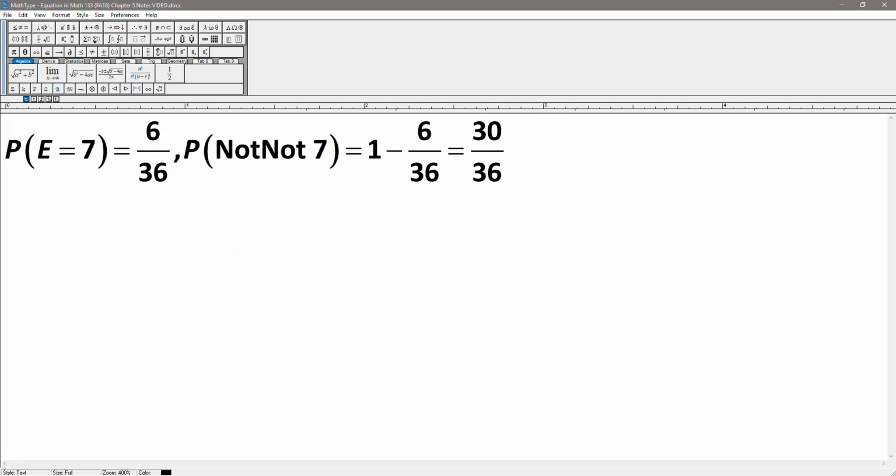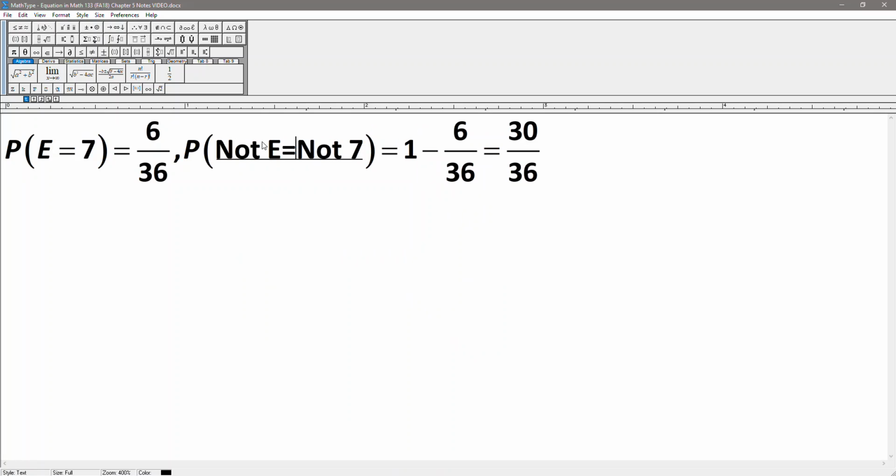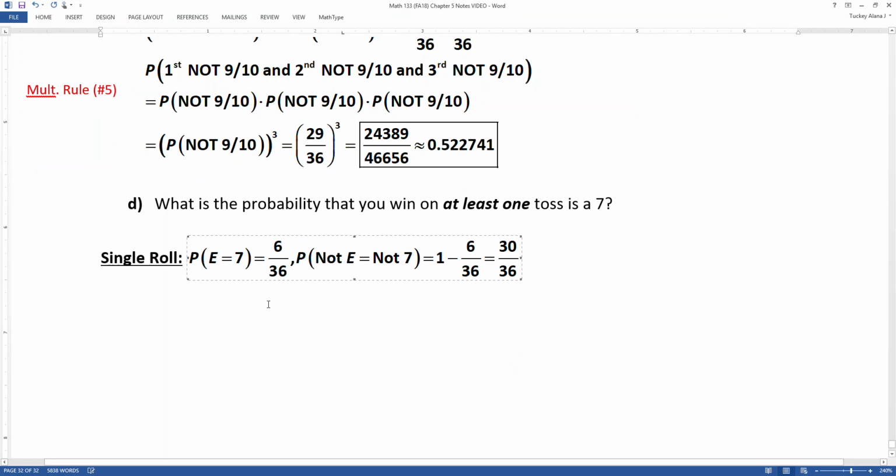So not E is equal to not 7, which is 1 minus 6 over 36, which would be 30 over 36. All right, again, that's not what I was looking for, but it's just going to help me because now this is where the fun begins.